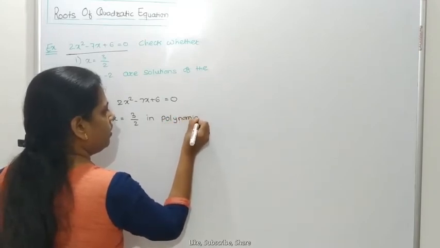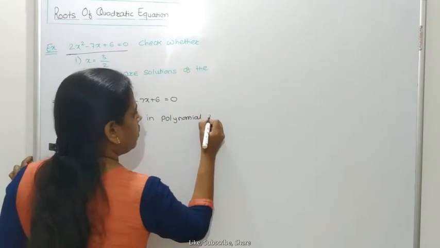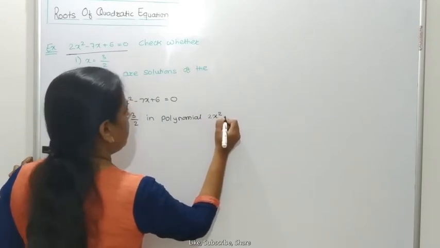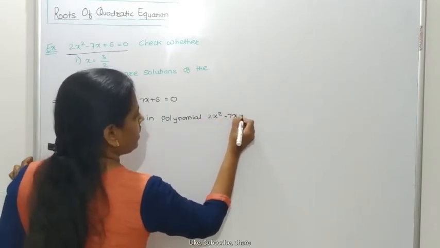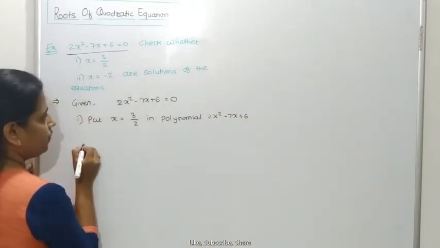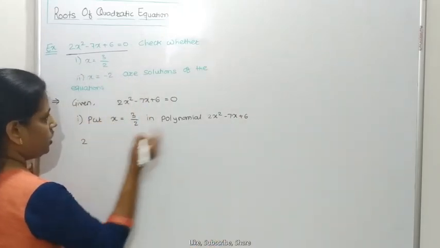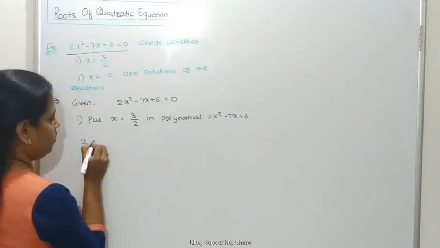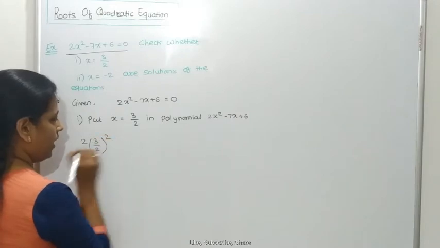In the polynomial 2x square minus 7x plus 6, we have to put 3 upon 2 instead of x. So 2 times 3 upon 2 whole bracket square.